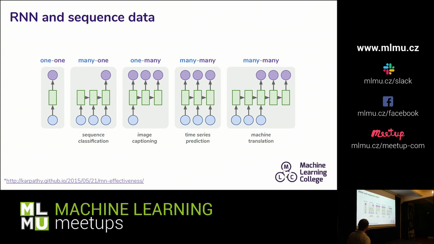Or I can have something like this, which would be the machine translation Jirka was referring to in his talk, when the model needs to know the whole sequence, then create a representation, and then create an output sentence, because I need to know what this sentence is about in a different language, right? And so these are some of the basic architectures I can build with sequence data.